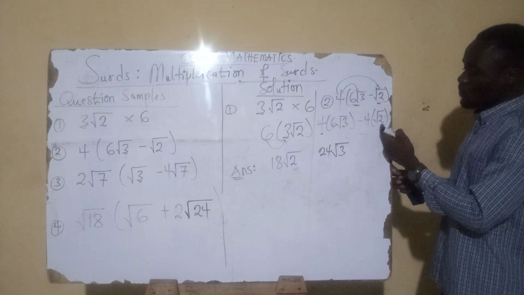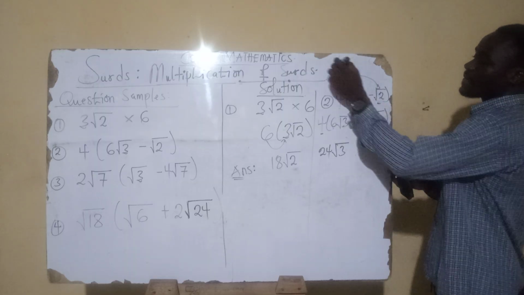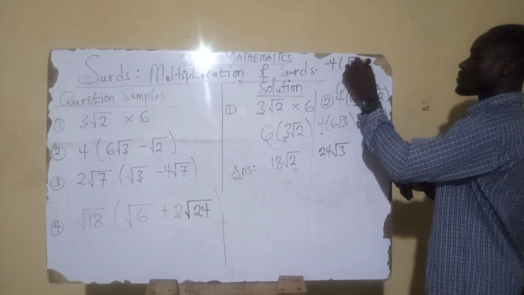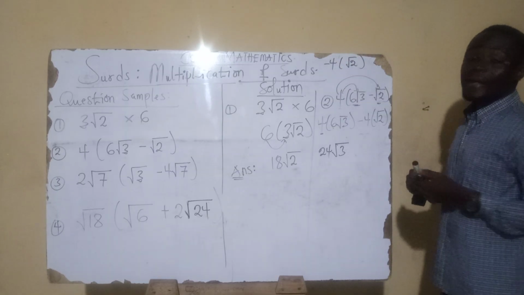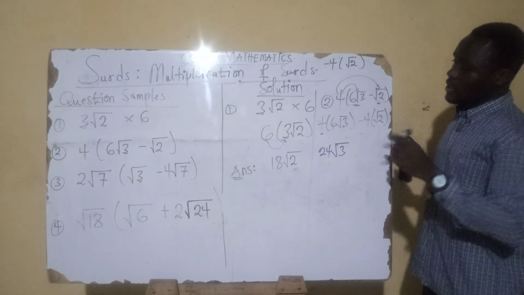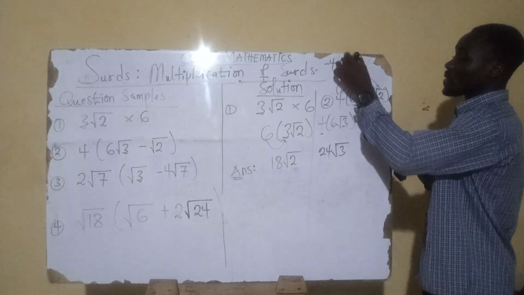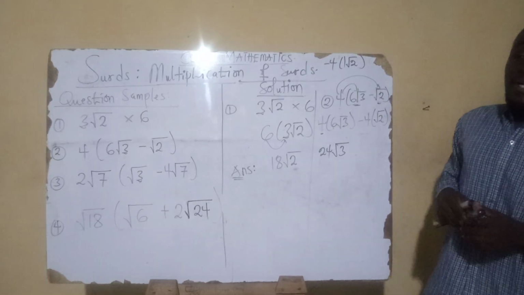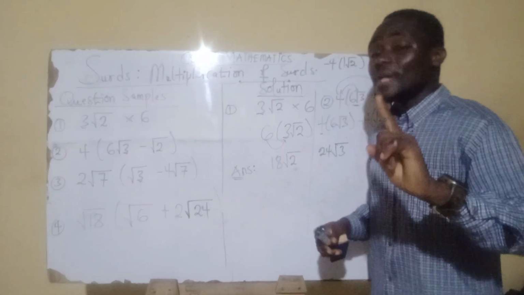So here, negative 4, we'll multiply that. Now have it in mind that if I have negative 4 in the bracket root of 2, the question is, where is the whole number? We cannot multiply 4 and 2. No. There is a whole number here, it is what? 1. But I told you that every radical, every surd has a coefficient.